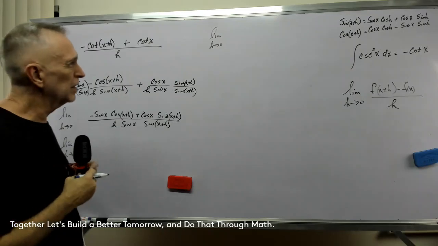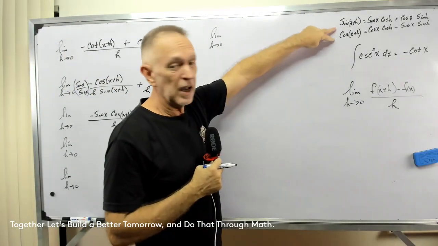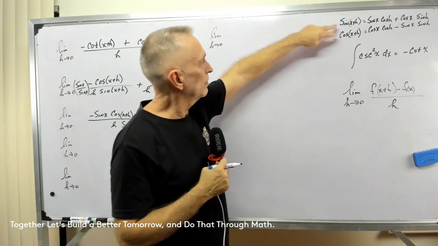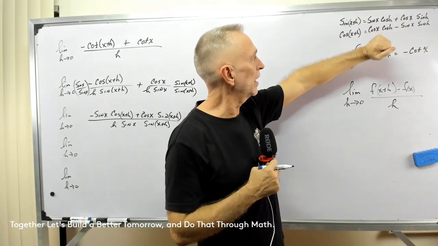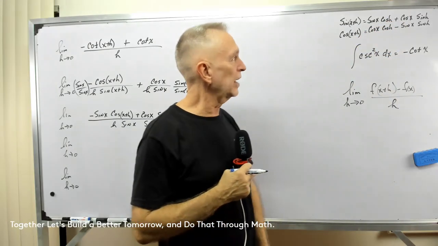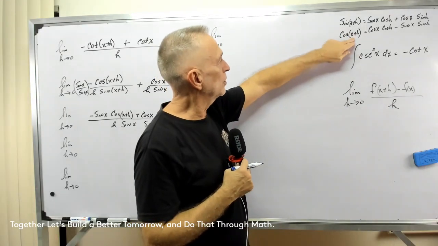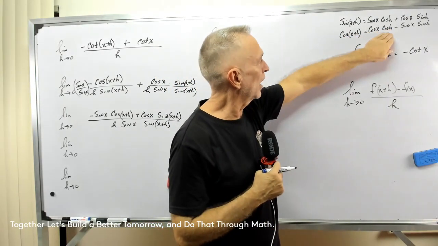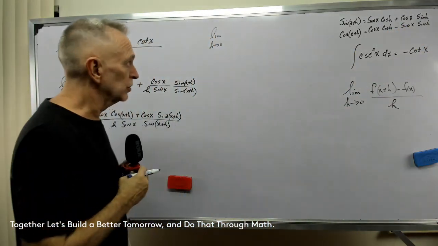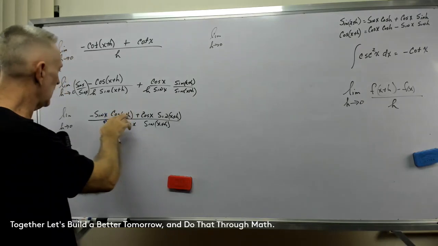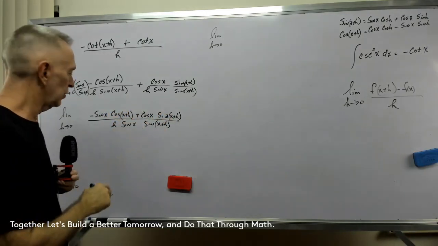I've taken the liberty to look up sine x plus h and cosine x plus h before I started the video. Sine x plus h is sine x cosine h plus cosine x sine h. Cosine x plus h is cosine x cosine h minus sine x sine h. So we're going to substitute those in for cosine x plus h and sine x plus h.